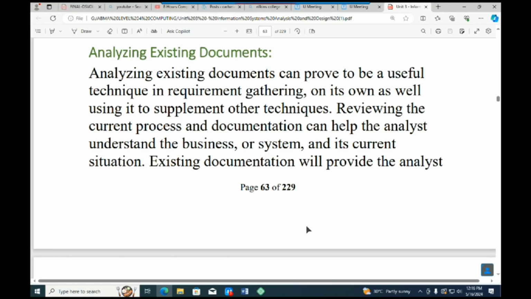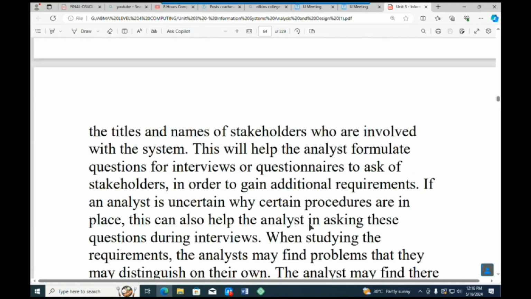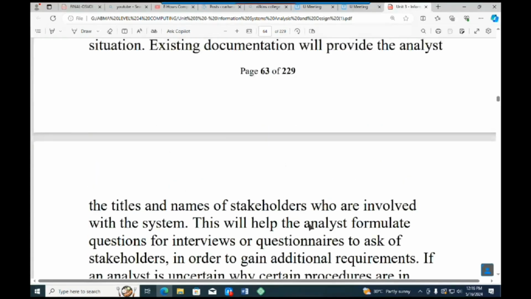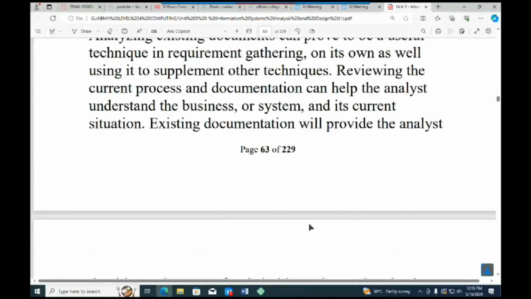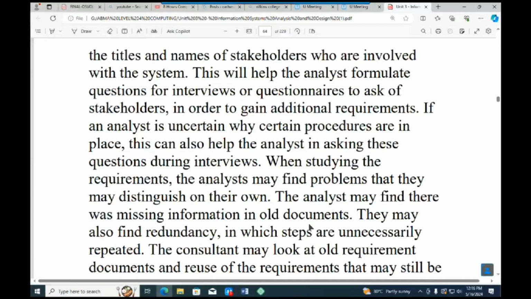If you have existing documents that you are actually analyzing, they can provide you as the analyst maybe the titles and the names of the stakeholders that are being involved in the system. And that is going to help you to create questions for interviews or maybe questionnaires to ask those stakeholders in regards to actually gaining some additional requirements.